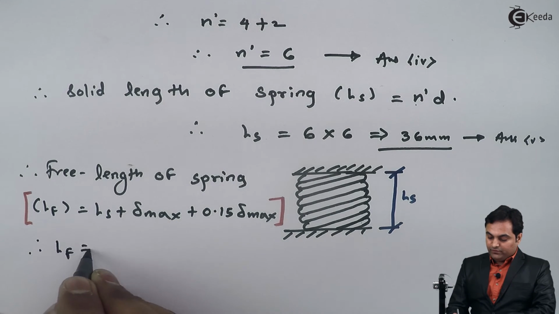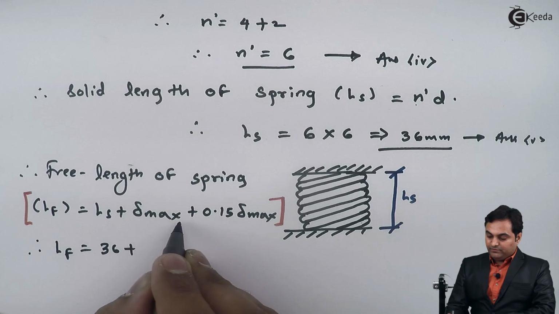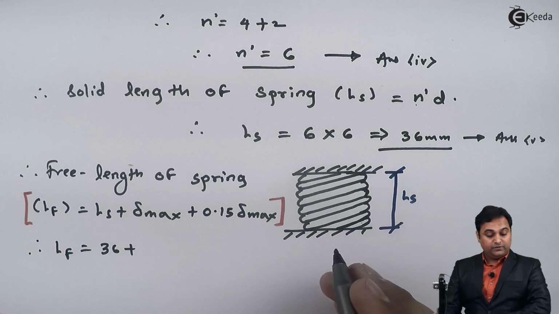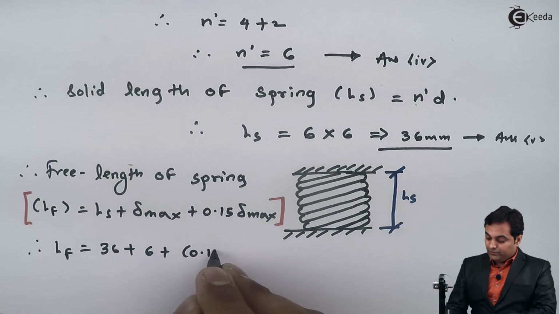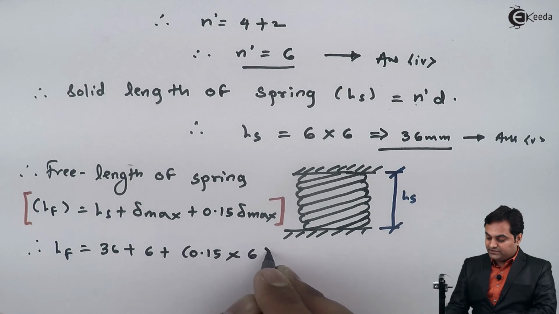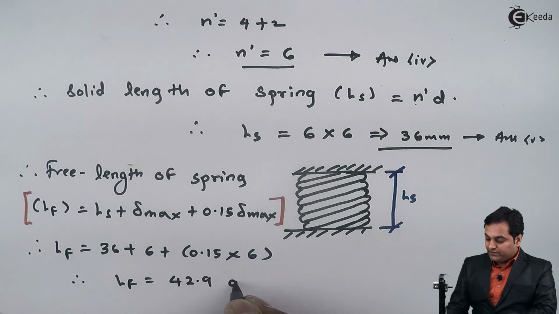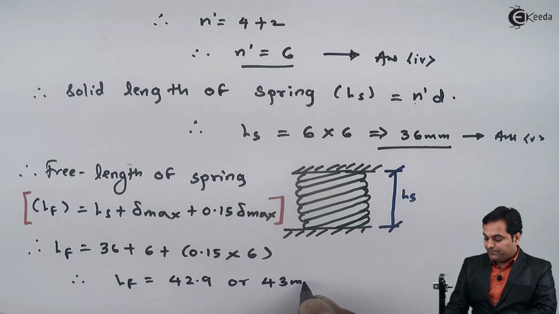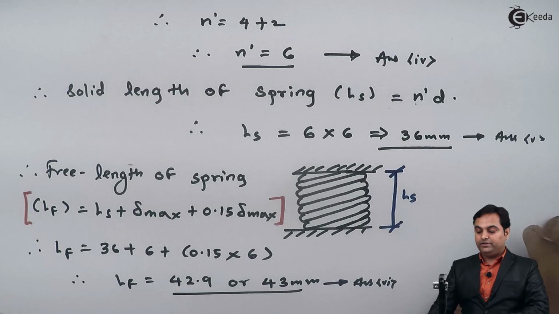Therefore free length will be equal to solid length, it is 36, plus maximum deflection, which is given in the problem, it was 6, plus 15%, that is 0.15 of maximum deflection, that is 6. So here I get the free length value. It comes out to be 42.9, which you can say is close to 43 mm. This will be the sixth parameter which we have calculated.